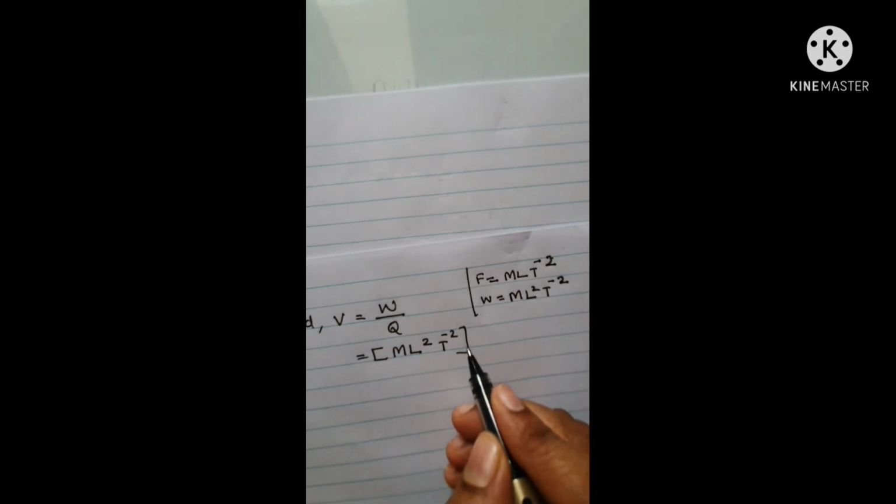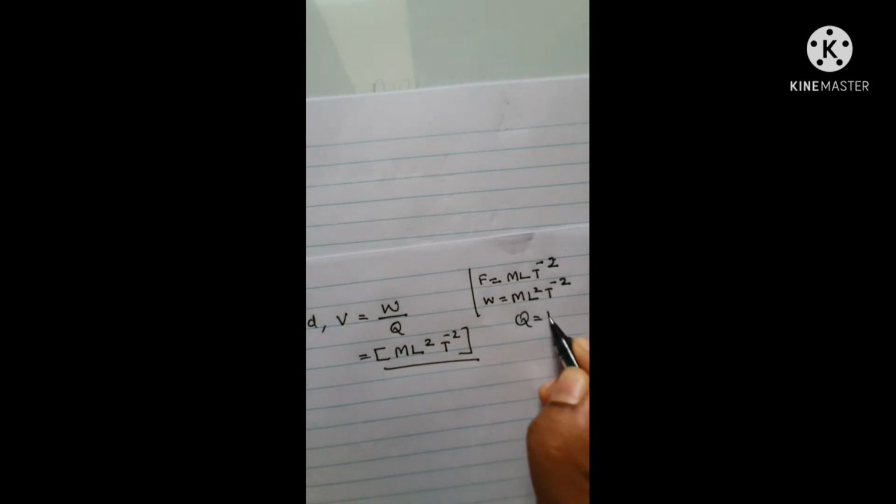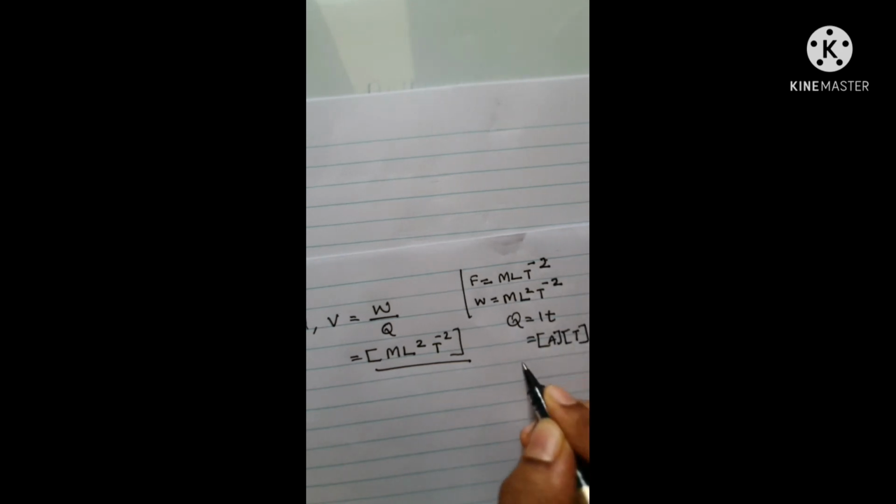So work formula we wrote already, divided by Q we already found. Q is equal to IT. So I means A and T means capital T. So we will be writing AT, isn't it?